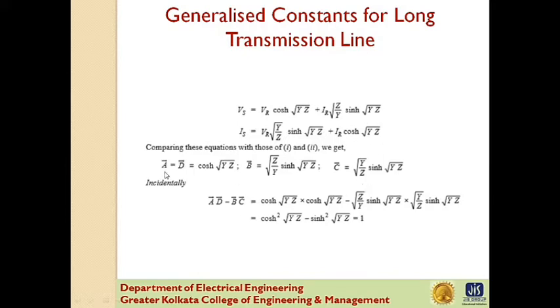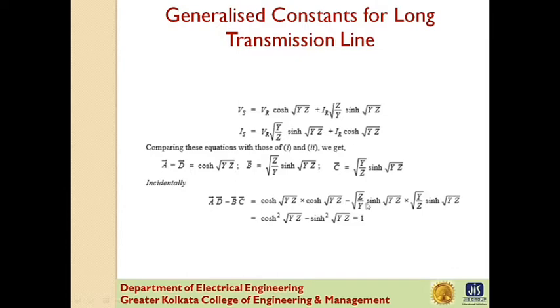Now from here you can see that A equals D equals cosh root over yz. Now AD minus BC equals cosh root over yz into cosh root over yz minus root over z by y sinh root over yz into root over y by z sinh root over yz.